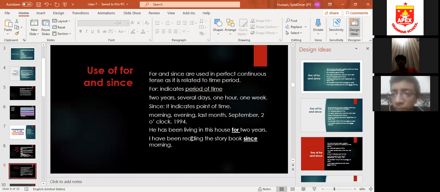Don't do the exercises. Exercises we'll do inshallah on Monday. Just go through the concepts which I have discussed with you. Now again, just a revision of all the four tenses. Then we will start simple past tense before our lecture ends.